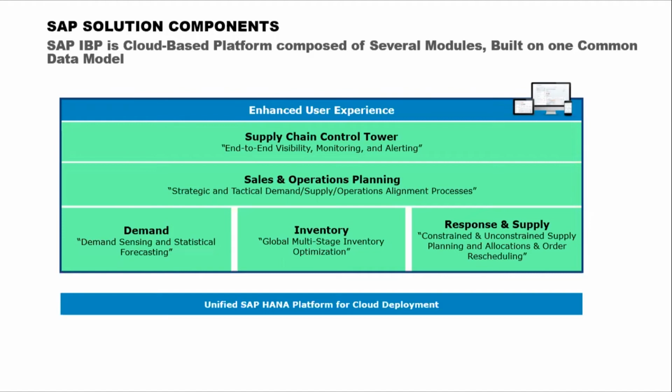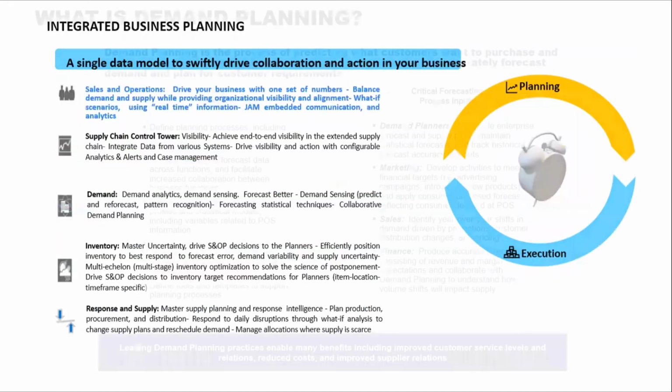So that exception handling mechanism is there as a part of the supply chain control tower. So this is the overview of each module, and how IBP deals with the different parts of the supply chain. Okay, so now let us go further.